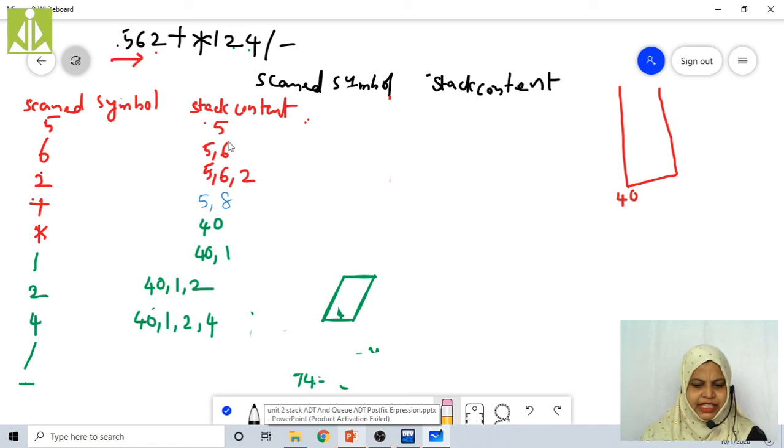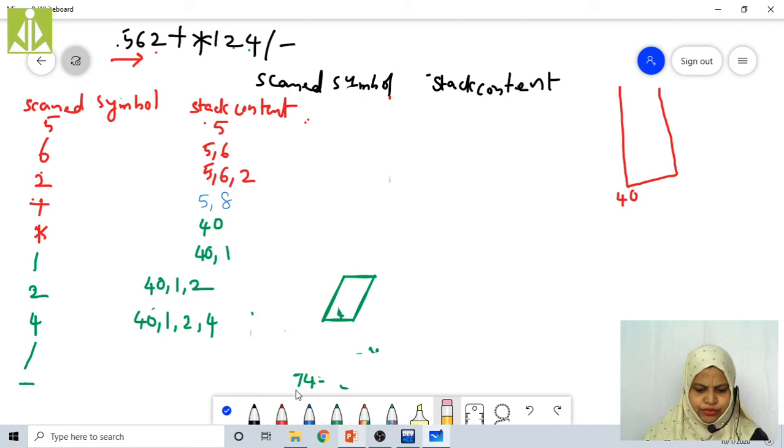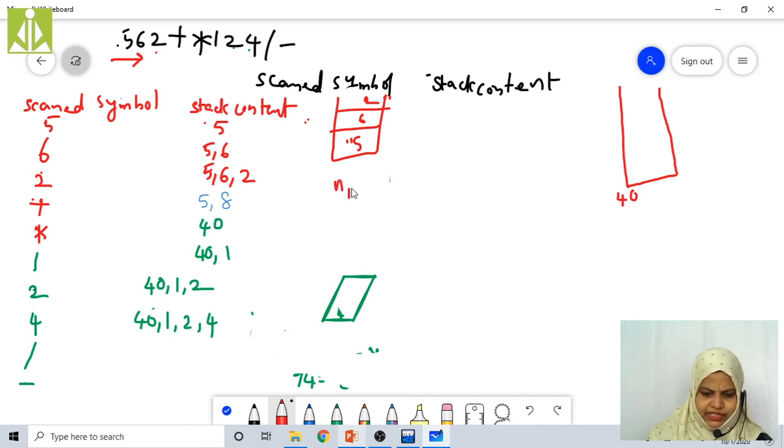First encountered symbol 5, then 5 6, then 5 6 2. Then plus is there. Plus means first n1 is 2, n2 is 6.